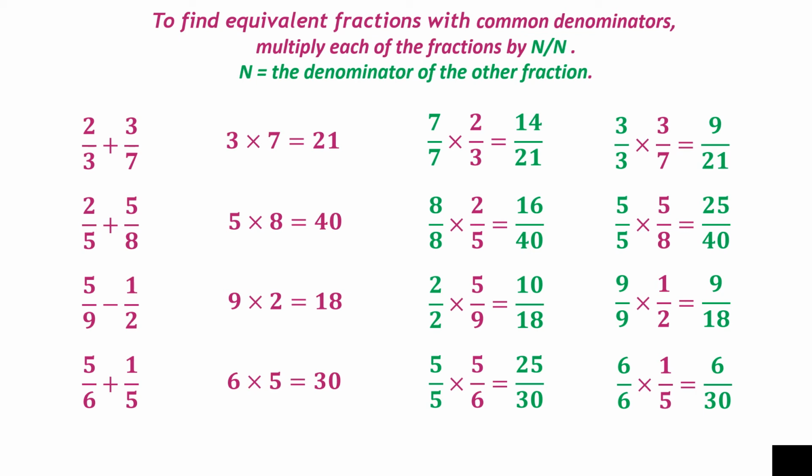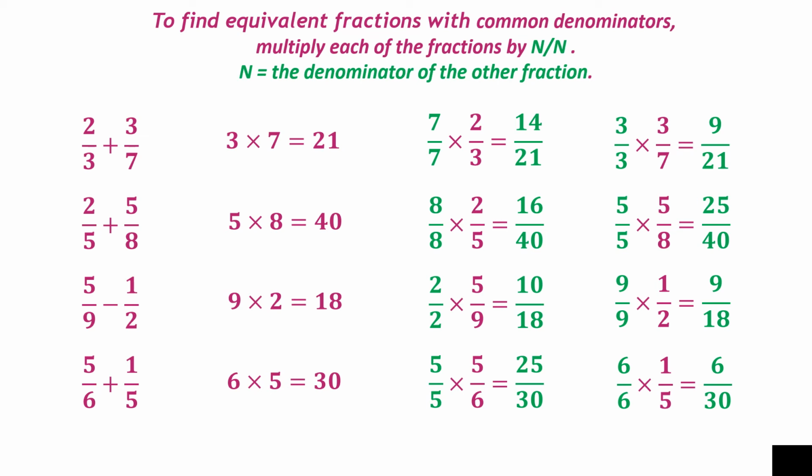Now we'll multiply 3/7 by 1 in the form of 3/3. We find an equivalent fraction for 3/7 of 9/21. It's simple to add 14/21 and 9/21. We just count up how many 21sts we have, and we'll let Bear do that.